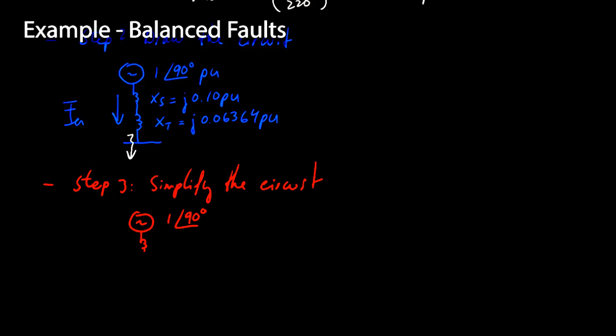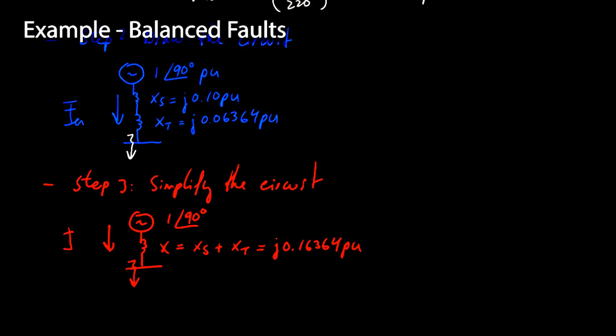And then we're going to have just one reactance. So we're going to combine here. This reactance is going to be equal to the 2 reactances combined together. So XS plus XT, which is going to be equal to j0.16364 per unit.